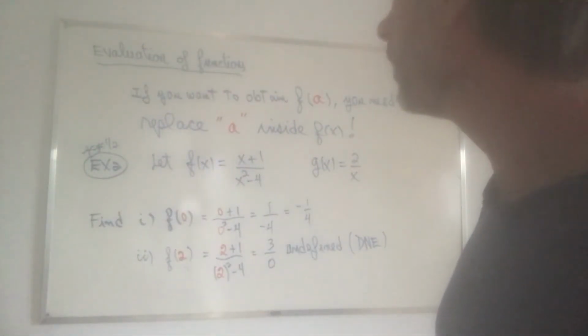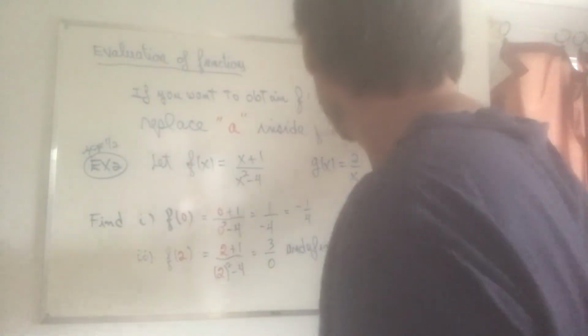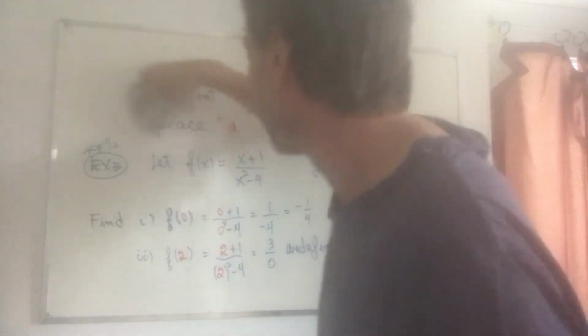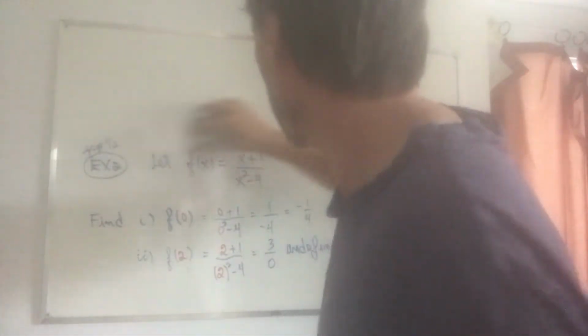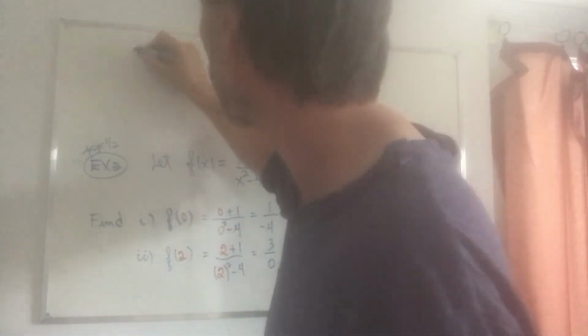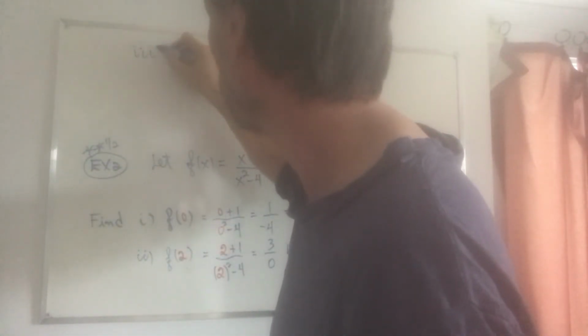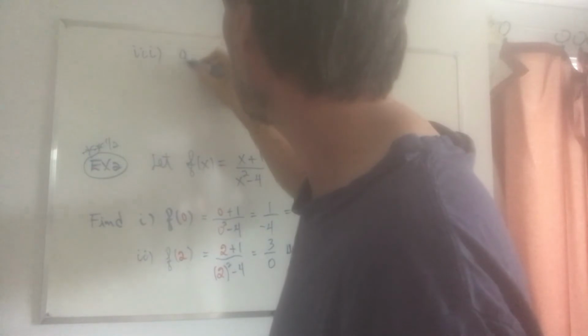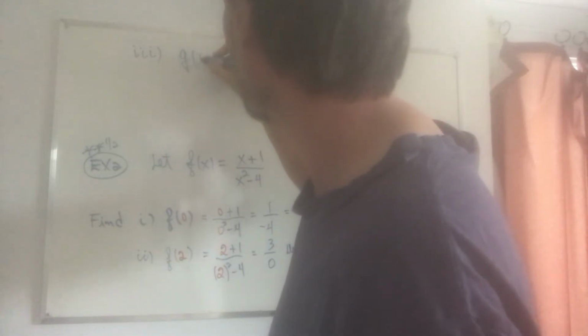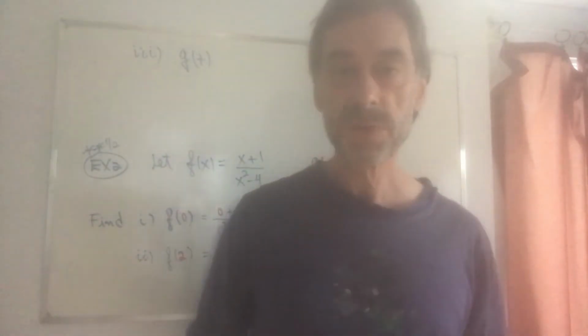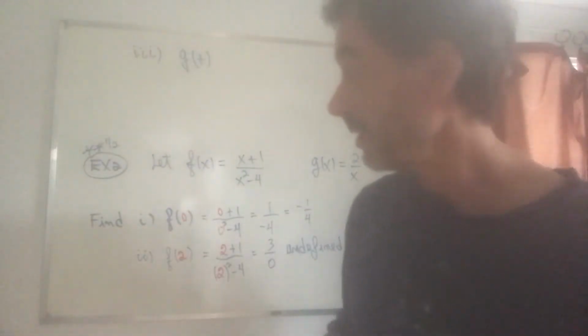Can I evaluate something else here? Maybe. Let's see if I can make some room and go over there. So, number 3, the third one, evaluate g of 7. How would I evaluate g of 7?